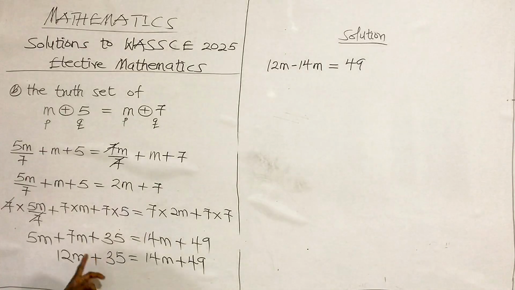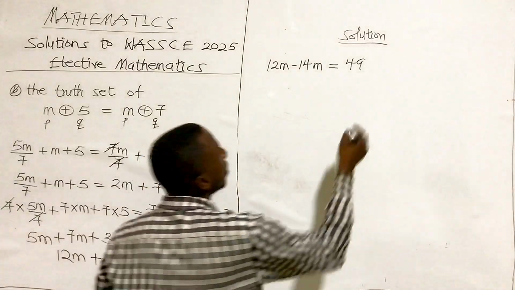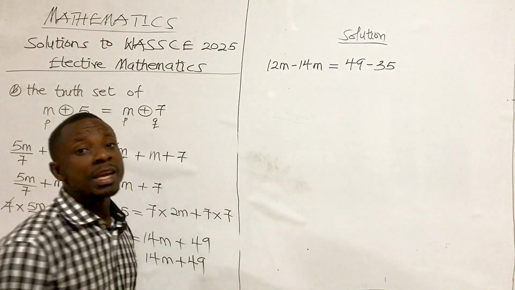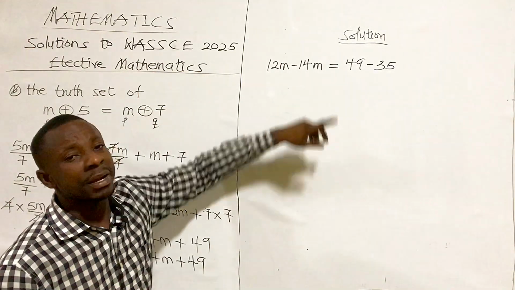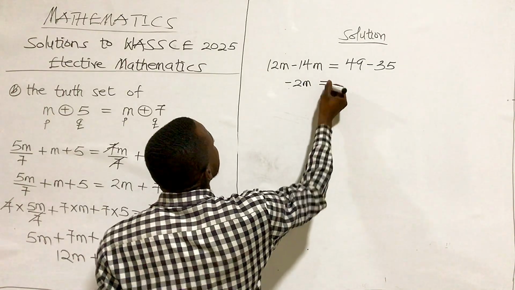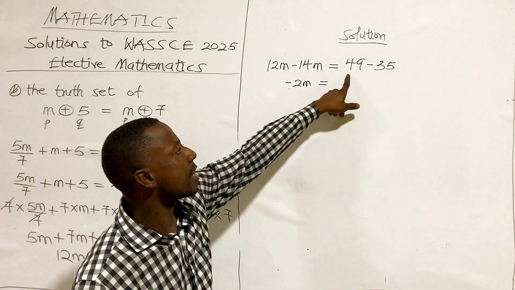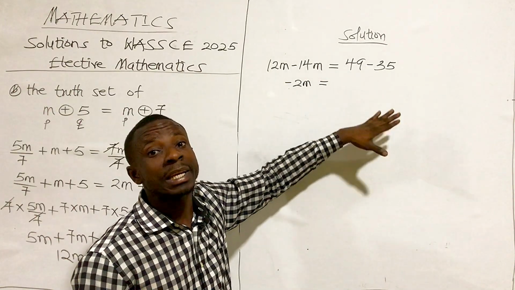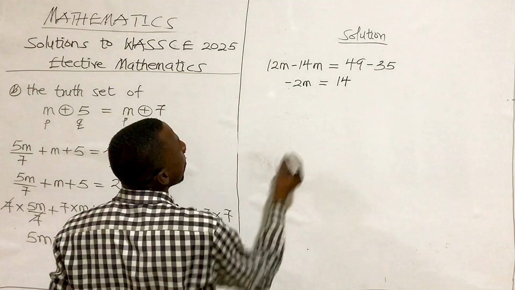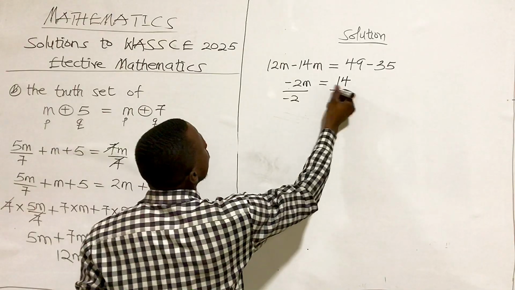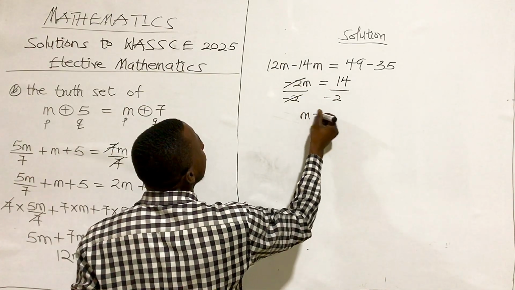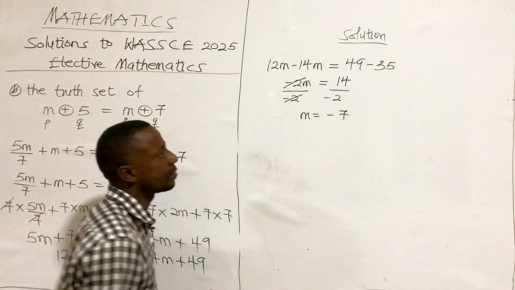Then when 35 also moves to the other side, we have negative 35. If that's the case, 12m minus 14m, we have negative 2m is equal to, and from here 49 minus 35, we are going to get 14. So I'm going to divide here by negative 2, here by negative 2. This will take off this, and m is equal to negative 7.